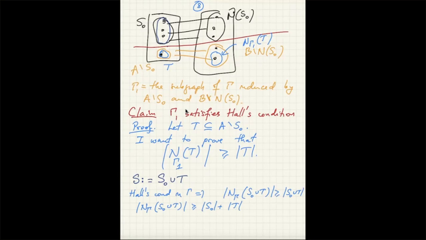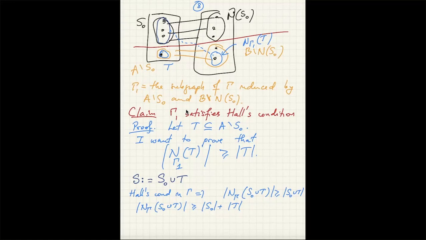Now, we mentioned before that from S0, there are no edges to B minus NS0. There could be edges from T going that way, that's fine. But all the edges from S0 end up in NS0.